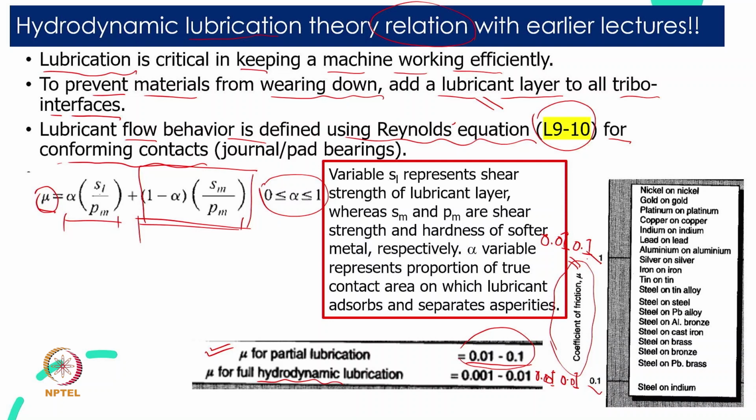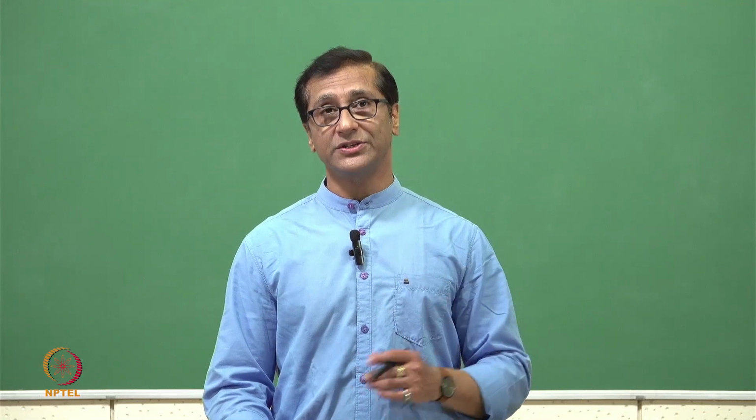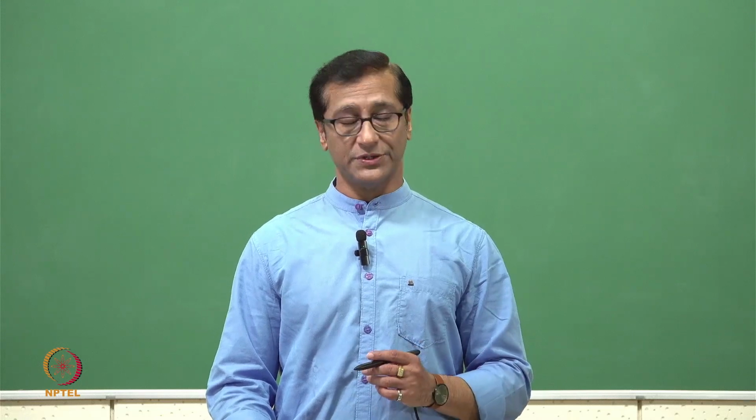If alpha is 0.7, 0.8, 0.9, maybe 0.95, then the coefficient of friction will be dominated by the first term. However, it is very clear that S_L, the shear strength of the liquid, will be far lesser than S_M, the metal shear strength. So we need to emphasize that alpha should be as high as possible, maybe equal to 1. That is why we require a lubrication mechanism or hydrodynamic lubrication for this purpose.